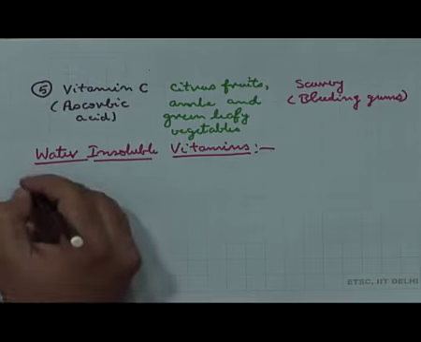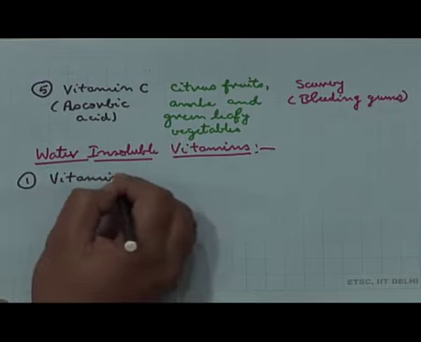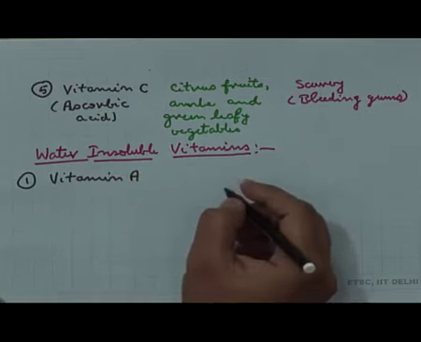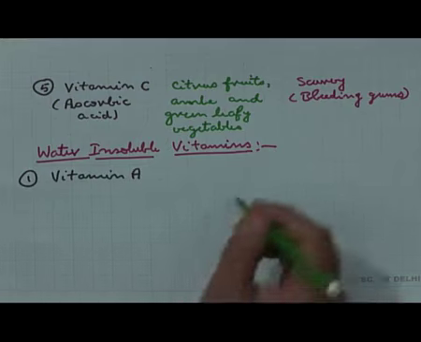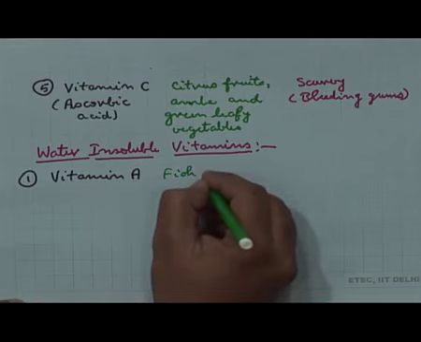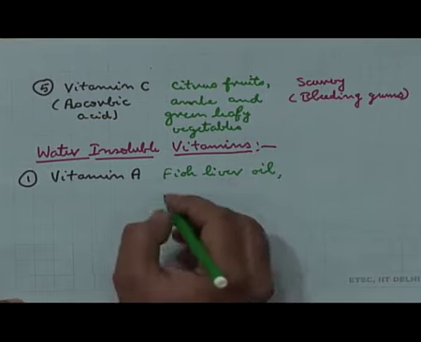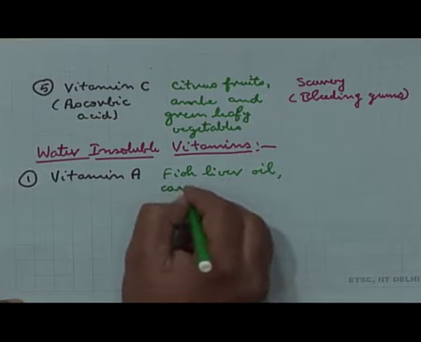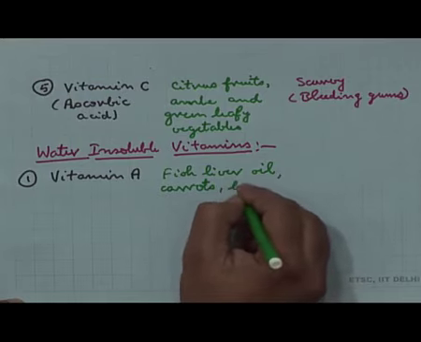Vitamin A is a water insoluble vitamin, and this can be obtained from fish liver oil, carrots, butter and milk.